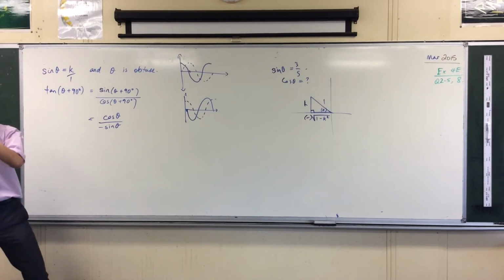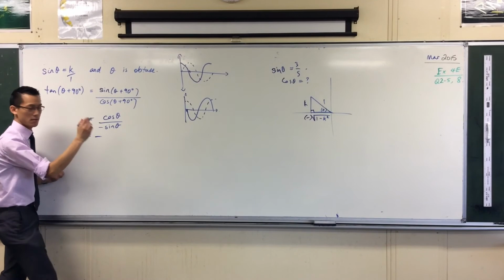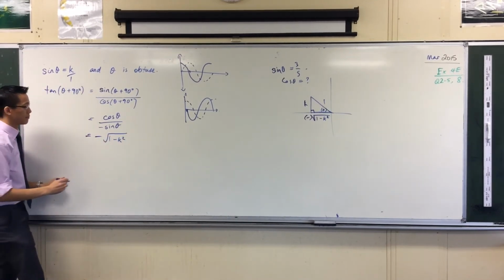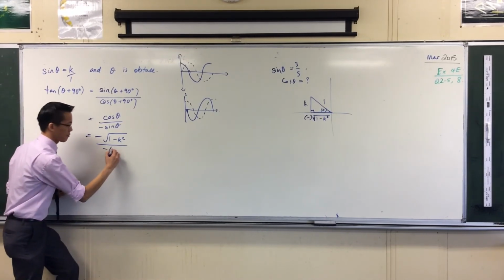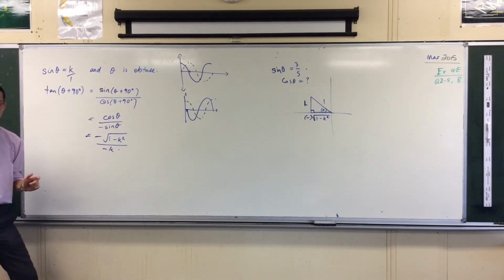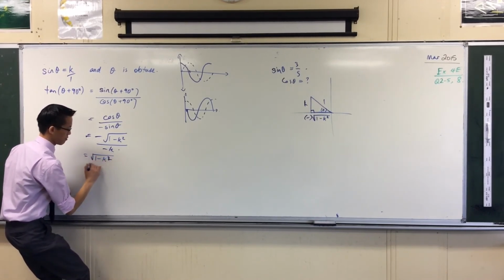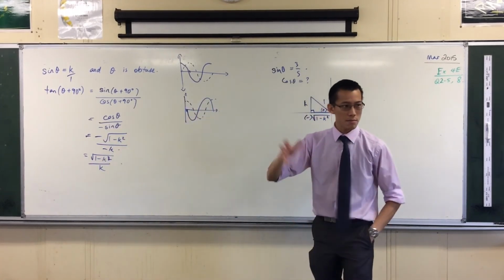Because I'm going to the left of the axis. So this should be minus the square root of 1 minus k squared over minus k. You happy with that? Two minus signs. And I'm home.